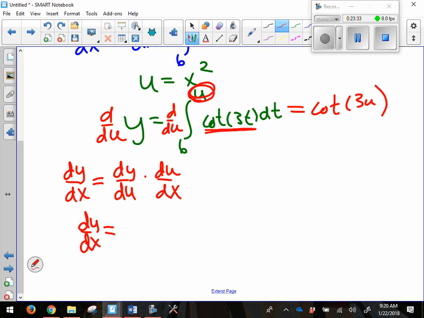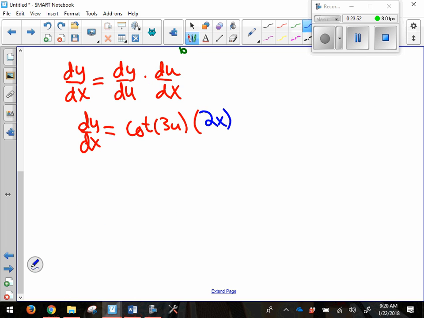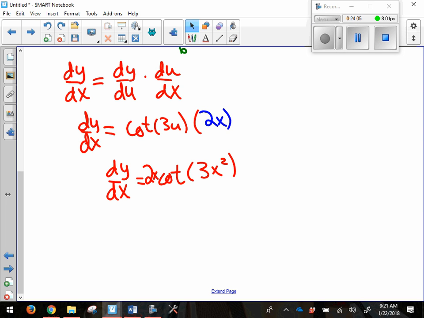So my dy du is going to be cotangent 3u, and then what's du dx going to be? Well, I have to take the derivative of this, right? Yeah, 2x. So if we write it again, as always, remember to substitute back in for your u, and I'm going to put my 2x in front because I don't like there to be any question of whether that's a coefficient or whether it's part of what I'm taking the cotangent of.